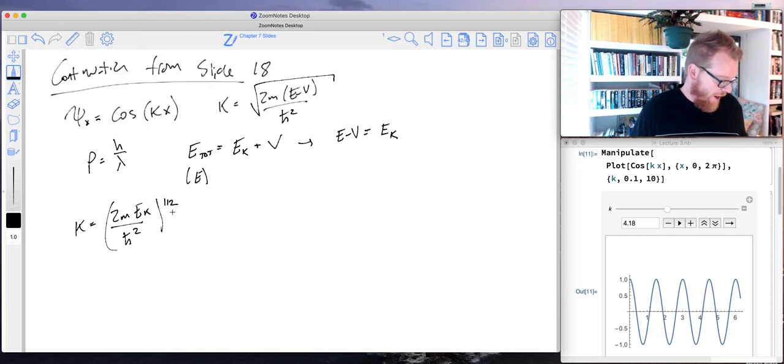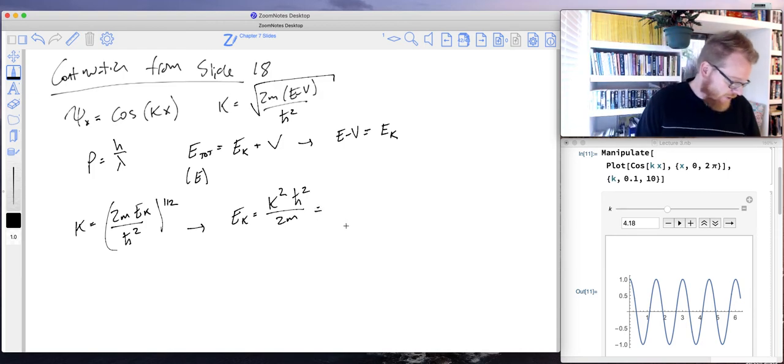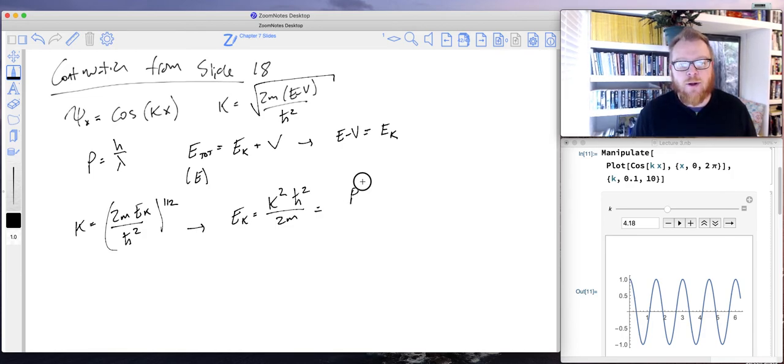Okay, so if I rearrange now and solve for kinetic energy, I'm going to skip a few steps and just write that directly. We know EK is going to be equal to k squared times h bar squared, all divided by 2 times mass, where we know that that is also equal to p squared divided by 2 times mass, right? So this p squared divided by 2 times mass is another way of writing kinetic energy, right?